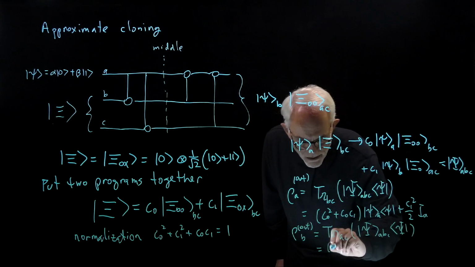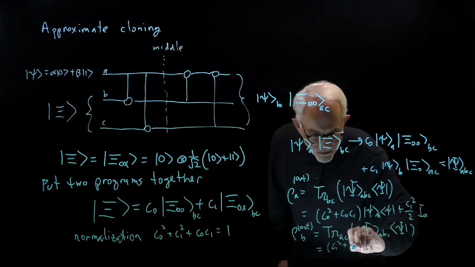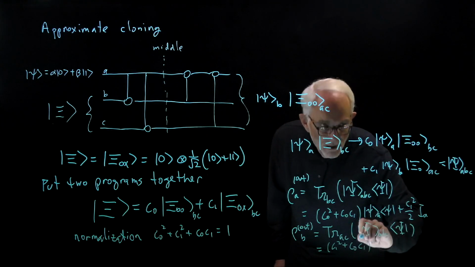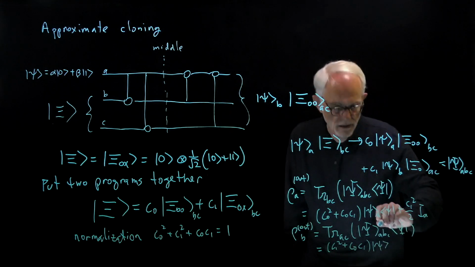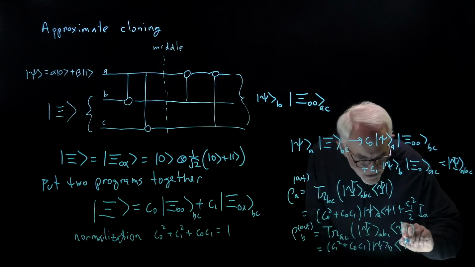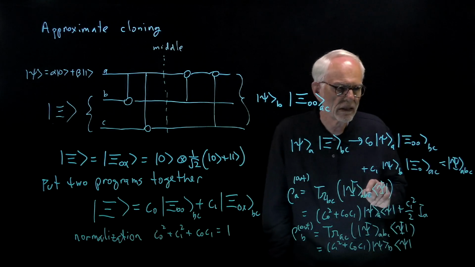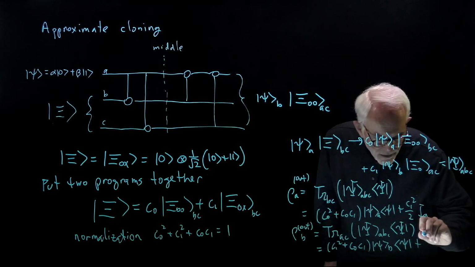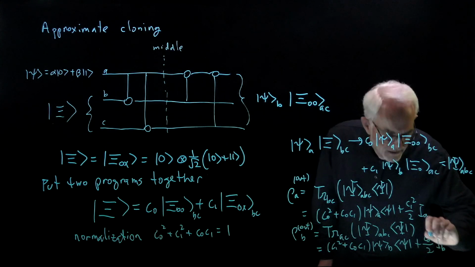It's going to be C1 squared plus C0 C1 times psi, and this will be in the B psi here. And then we're also going to have noise. This will be identity in the B.